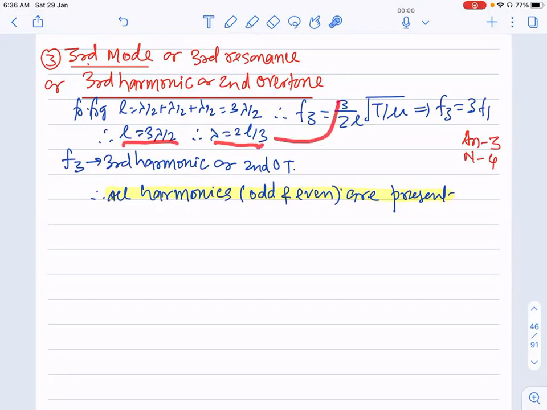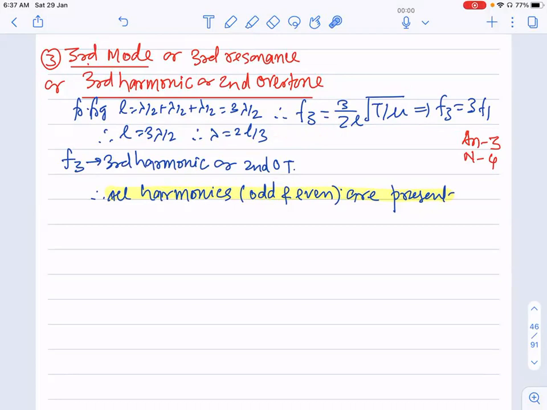So the 3 comes up, and V stays there. It is becoming 3 times your fundamental frequency. F3 is the third harmonic or second overtone.